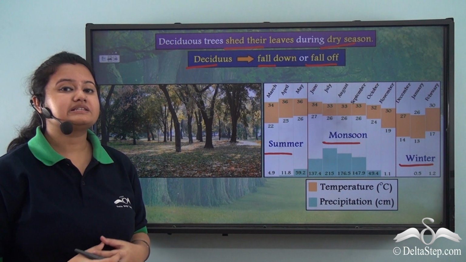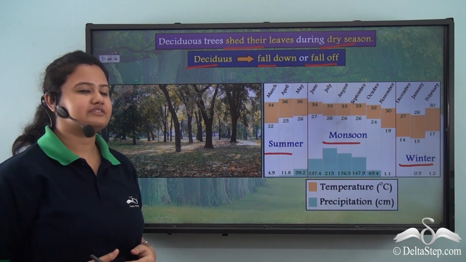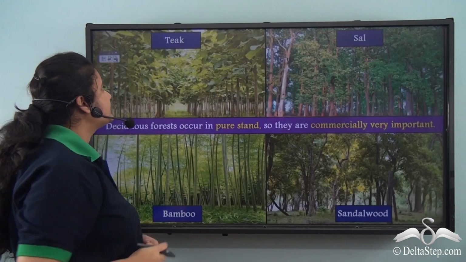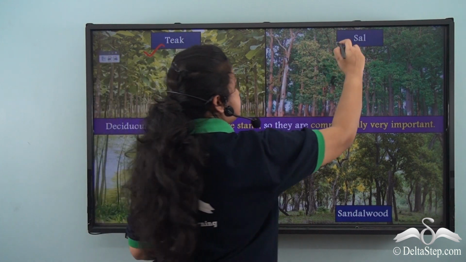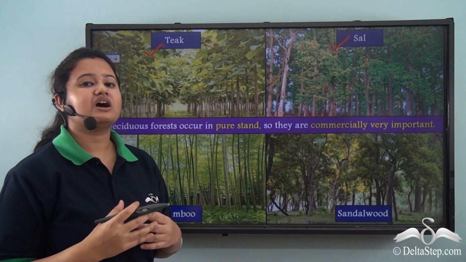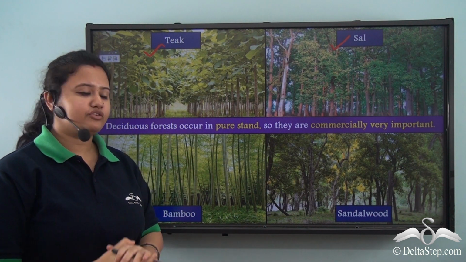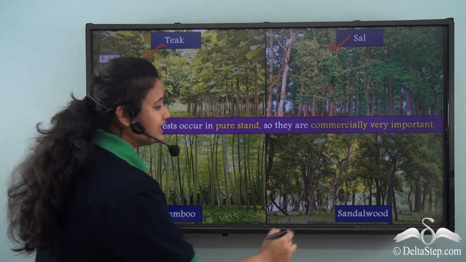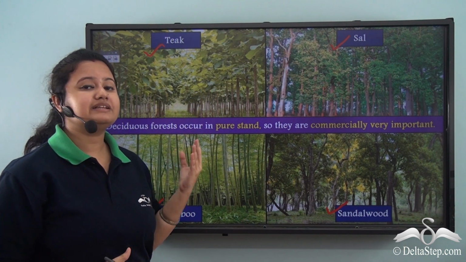We shall now discuss some of the trees that are found in these deciduous forests. Well, we already discussed that teak and sal are some of the important hardwood trees found in deciduous forest. Apart from them, bamboo, sandalwood, neem, etc. are also found in these forests.